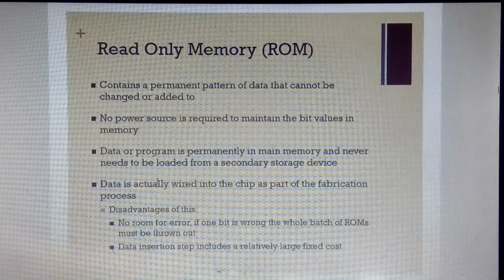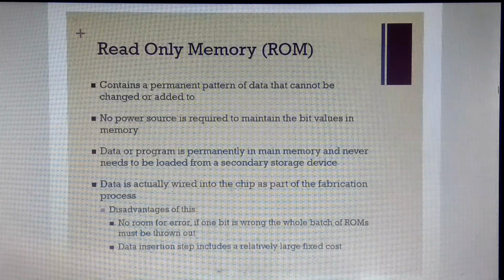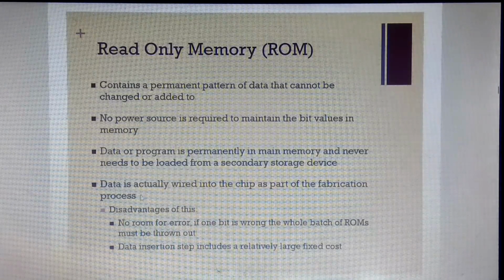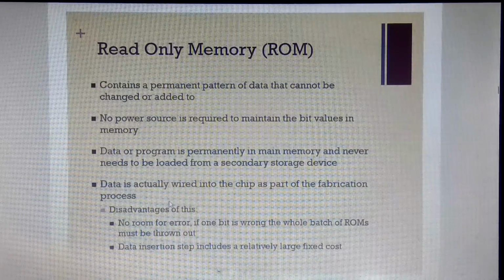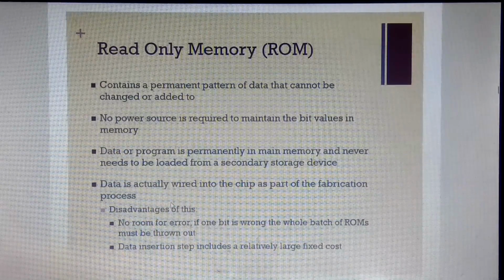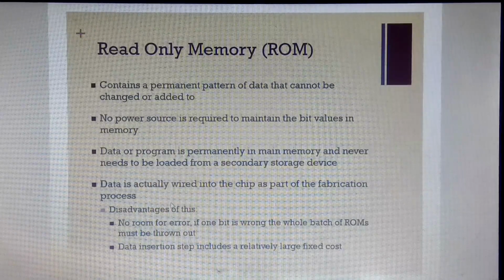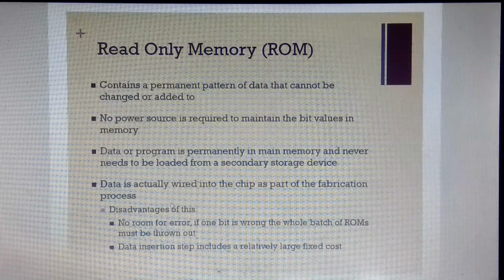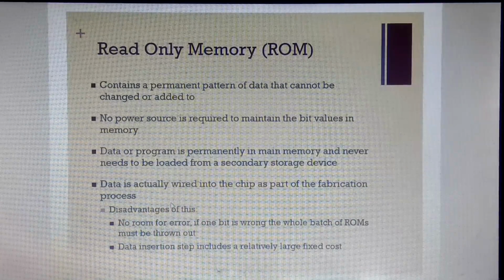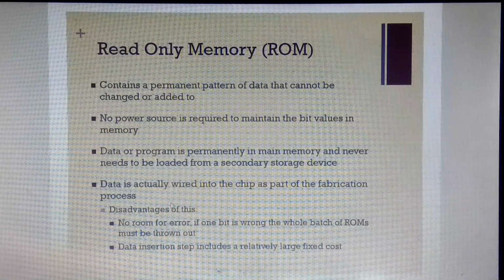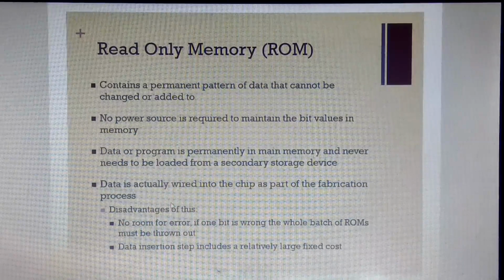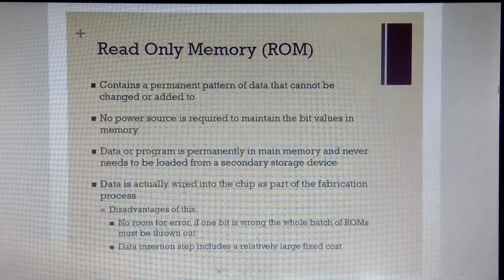The data inside ROM is wired into the chip as part of the fabrication process. However, there's a disadvantage of using ROM, which is that there's no room for error. If one bit is wrong, the whole batch of ROMs will be thrown out and wasted. The data insertion step also includes a relatively large fixed cost, which makes ROM very expensive to maintain.